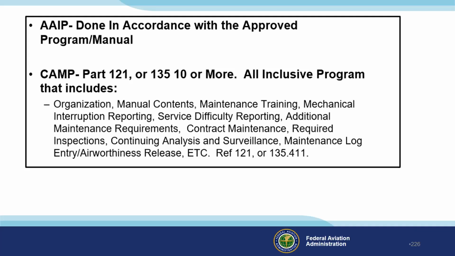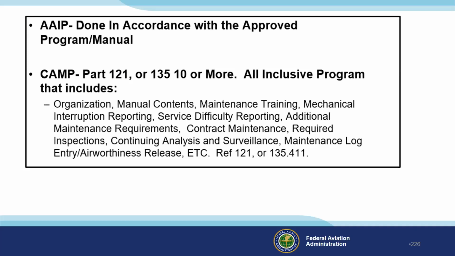which is for Part 121 or 135 with 10 or more aircraft, is an all-inclusive program. A CAMP includes the organization, the manual contents, maintenance training, mechanical interruption reporting, service difficulty reporting, additional maintenance requirements, contract maintenance, required inspections.